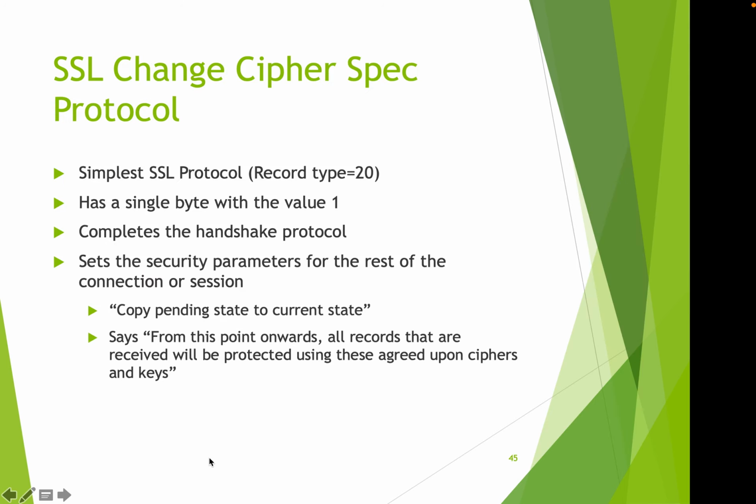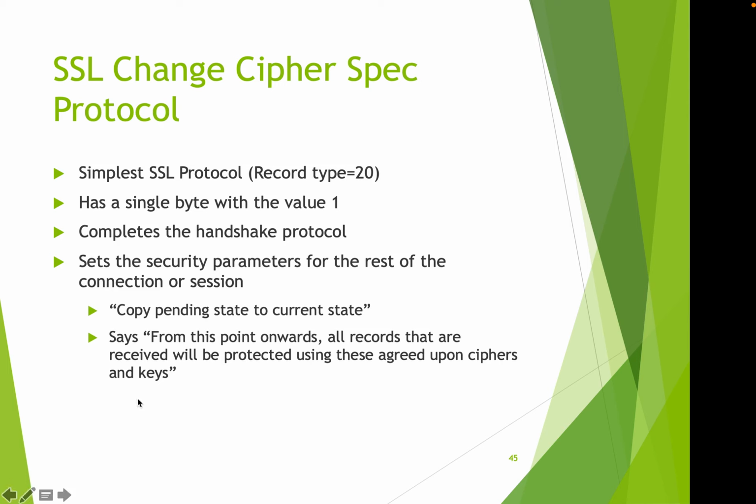That's the record protocol. There's the change cipher spec protocol, which is the simplest SSL protocol. It has a single byte with a value of 1. It completes the handshake protocol and sets the security parameters.